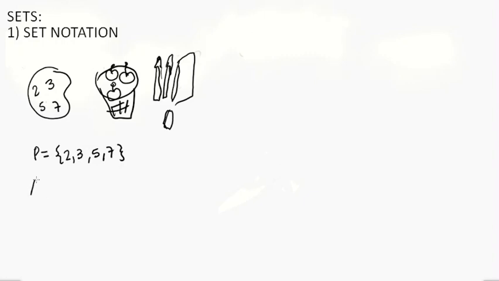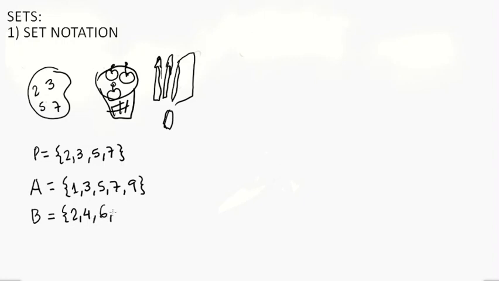I could have another set, and let's say that I've got a set with all odd numbers less than 10. So odd numbers, 1, 3, 5, 7, and 9. Those are the odd numbers less than 10. I could have B as another set, and I could have all the even numbers less than 10.